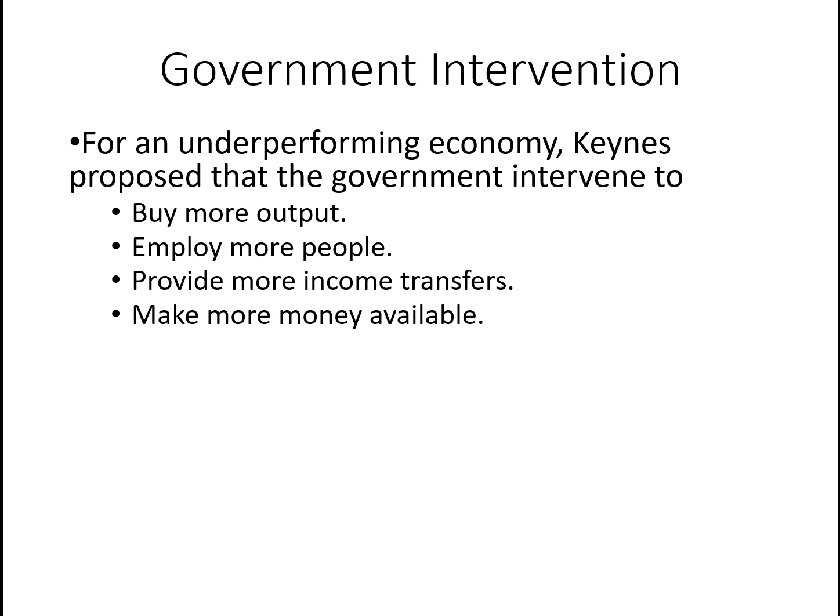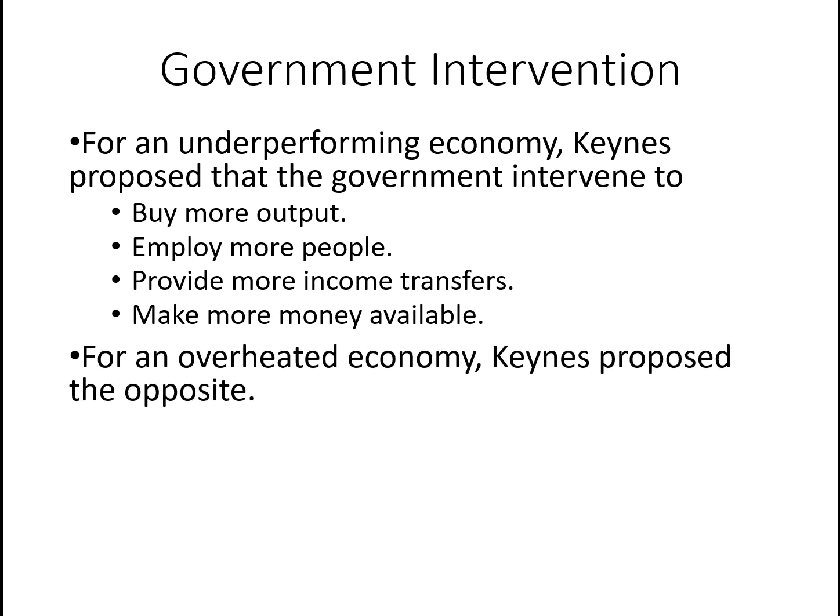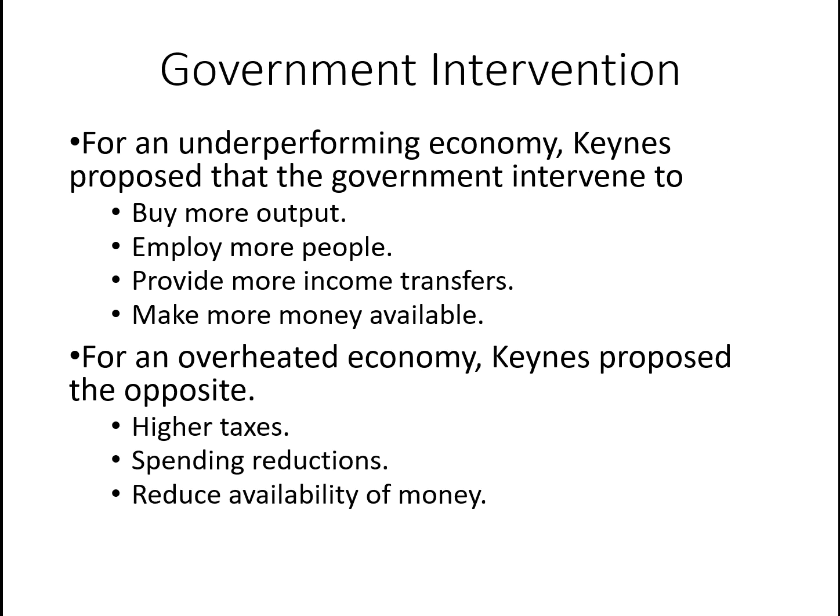And how about the opposite scenario? When the economy is overheated, Keynes proposed that we should impose higher taxes or raise the interest rate. That's what we recently experienced. The Federal Reserve Bank increased the interest rate to try to cool down the economy, because when the interest rate goes up, more people are likely to put money in the bank and less likely to borrow money, since all other loan interest rates are tied to the Federal Reserve's interest rate.